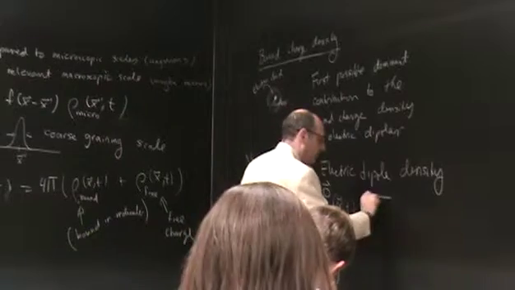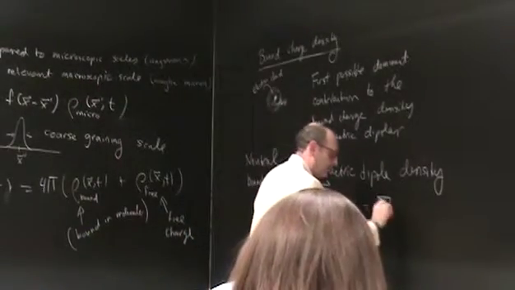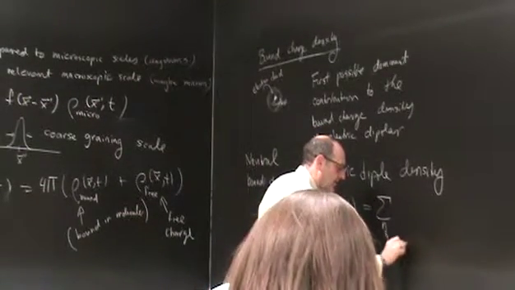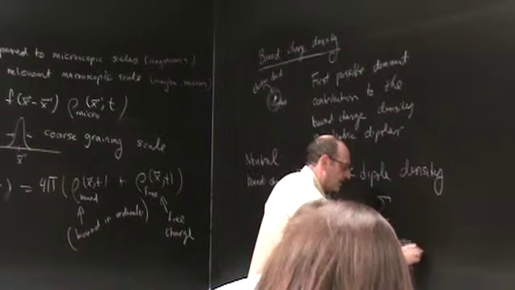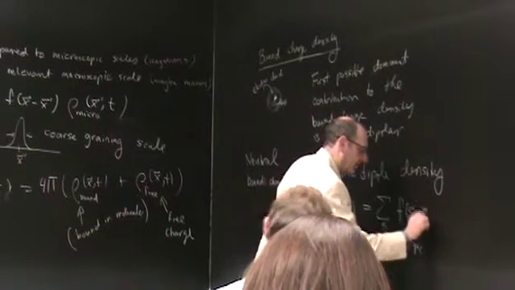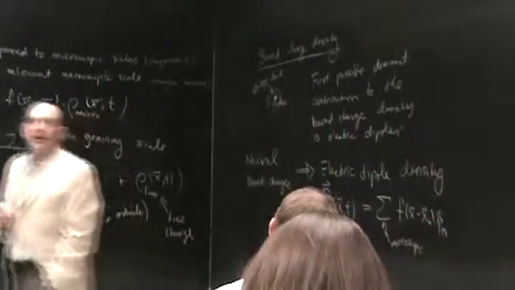So this is equal to the sum over all the microscopic dipoles, our coarse-grained function at the position of the dipole, times the strength of the dipole at position n.